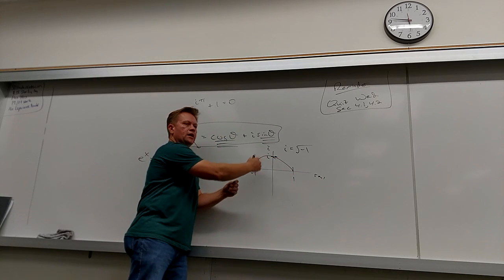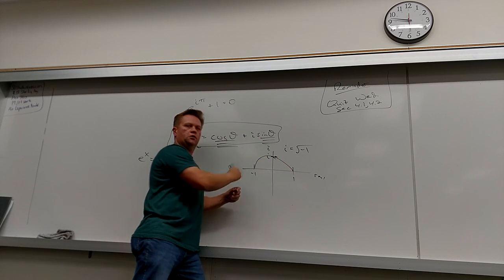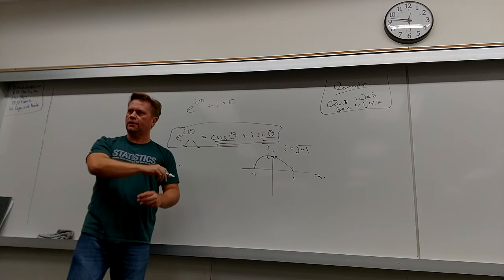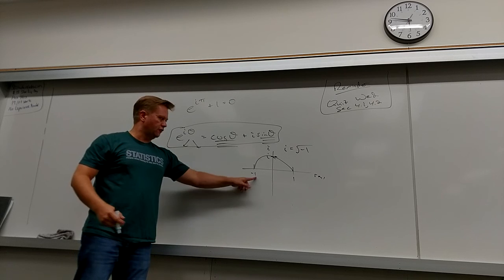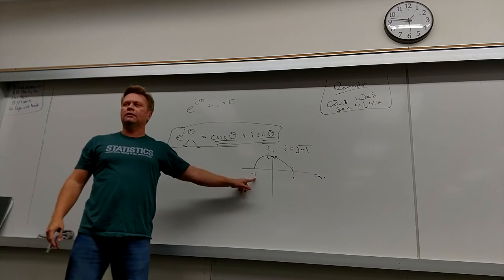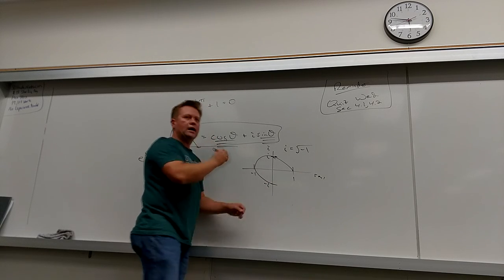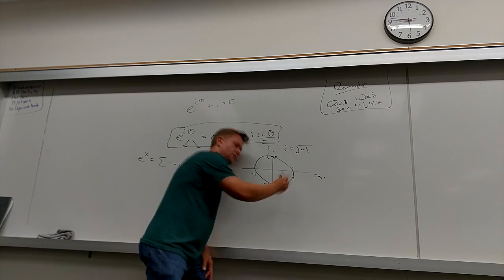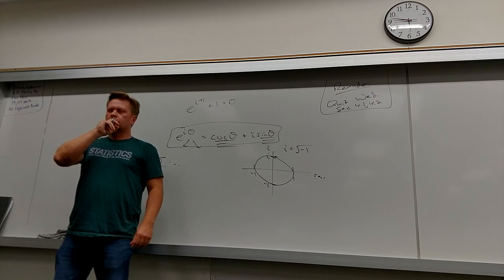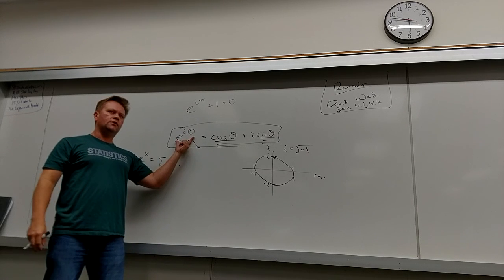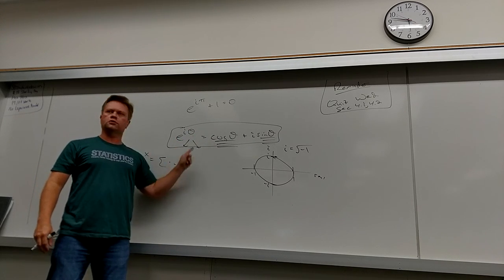And what's i times i? You turn 90 degrees and then 90 degrees. i times i? Negative 1. And then you multiply by i again, so you turn another 90 degrees. Negative i. And then you turn one more time. So this e to the i theta is another way of representing those terms.